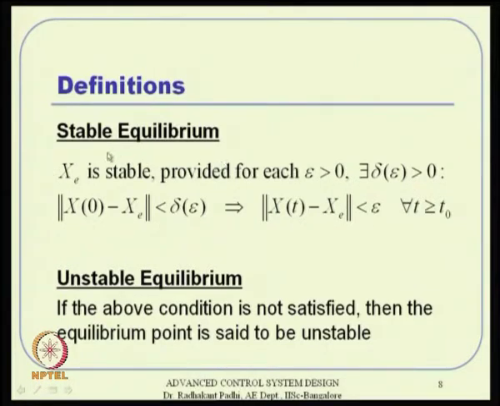That means Xc, the equilibrium point, is stable provided for each epsilon greater than 0 there exists a delta, which can be a function of epsilon and is also greater than 0, such that if I start within this delta bound, that is, the initial condition x of 0 is close to the equilibrium point Xc within a delta ball, then for any time greater than or equal to t0, the initial time, I will never leave this epsilon ball.